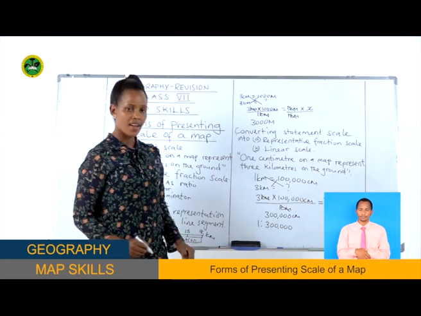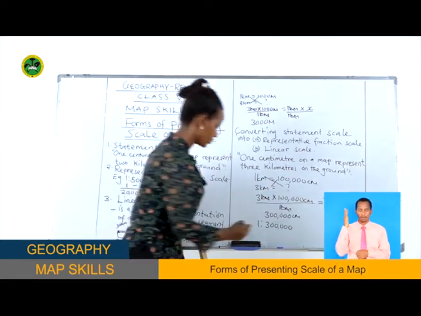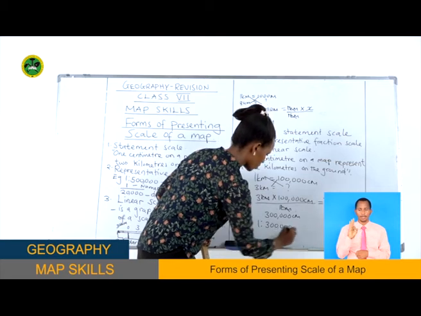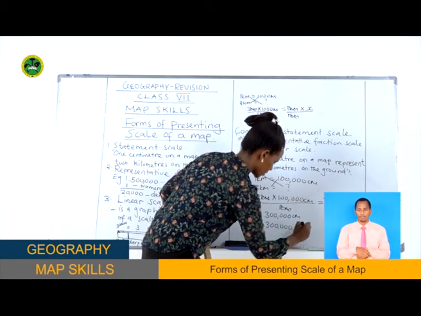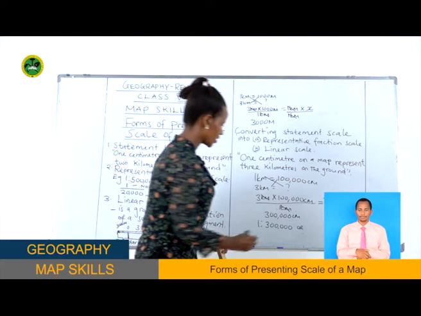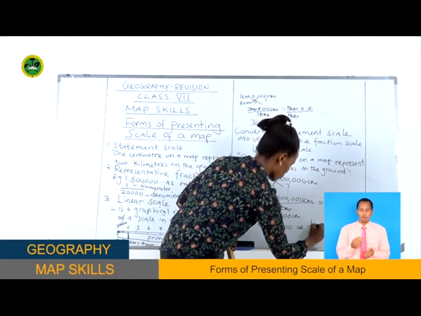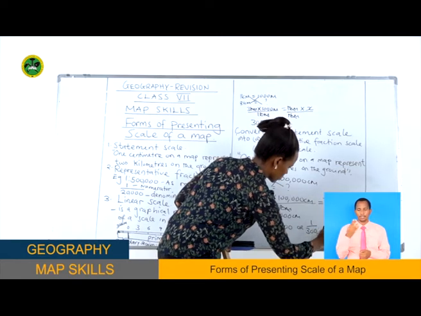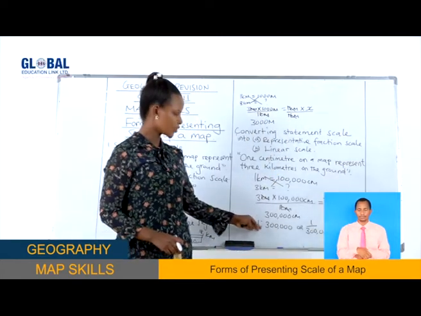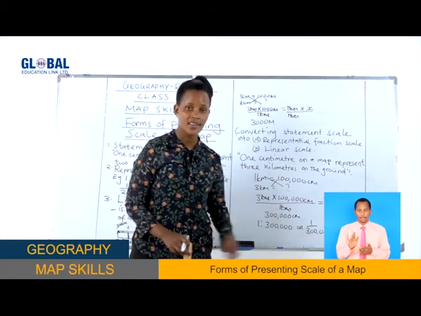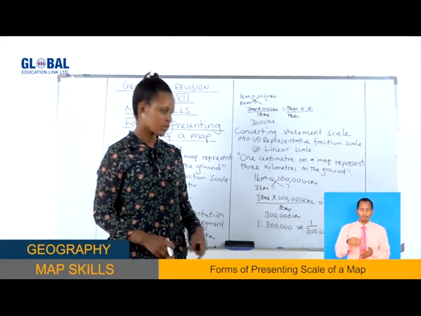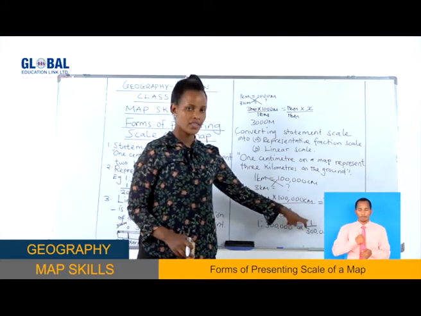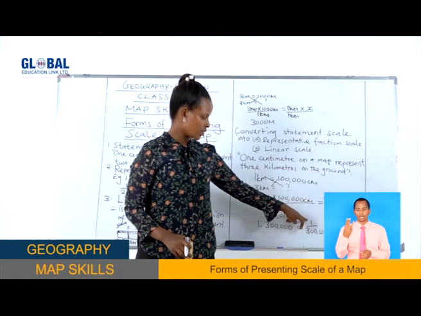This is RF as ratio. Or it can read 1 over 300,000. It means 1 unit on a map represents 300,000 units on the ground. The same thing in RF scale as a fraction.